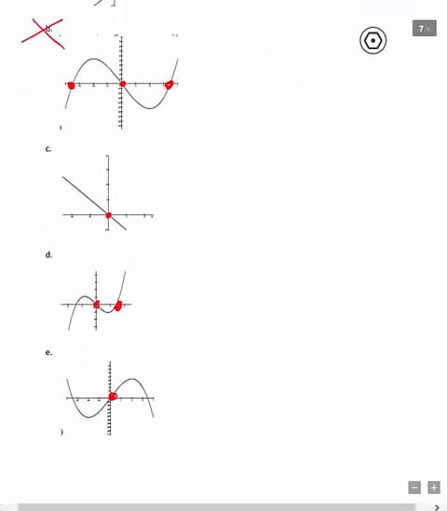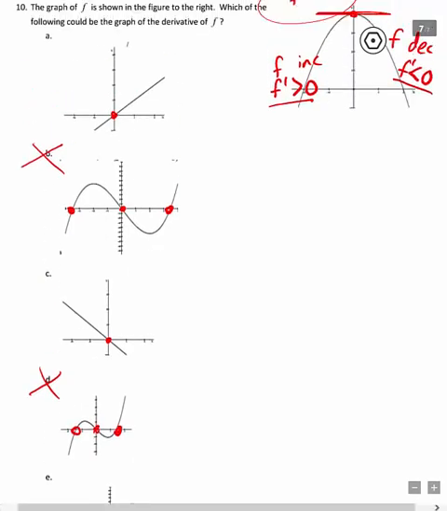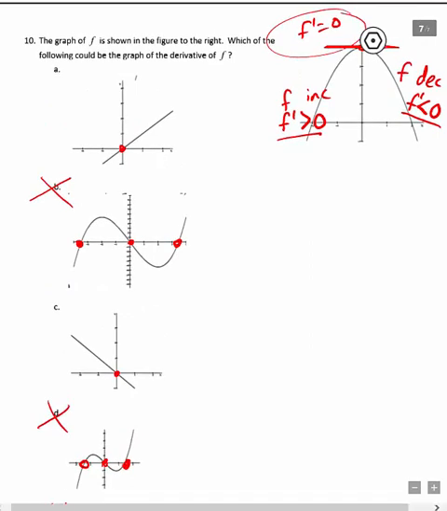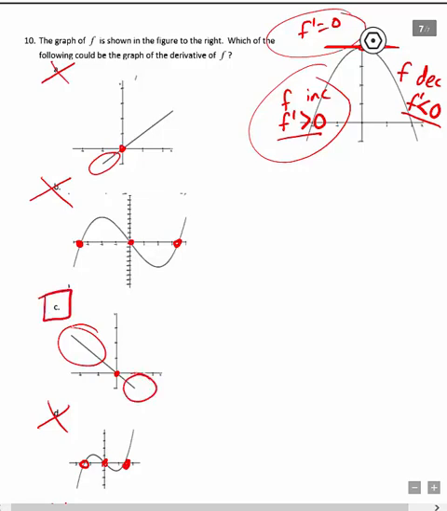Part C has extra zeros, we can cross that out. And part D has extra zeros, so we can cross that out. So the only two options are A and C. On the left side it's increasing, so our derivative should be positive. This is negative. This one is positive. And on the right side it's decreasing, that's negative. So our answer is C.